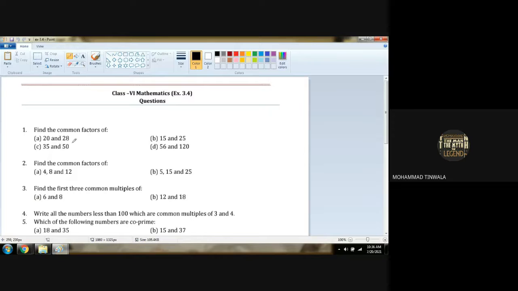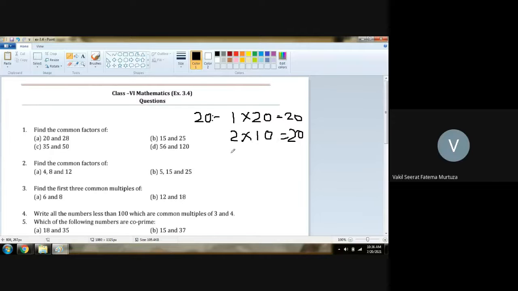Find the common factor of 20 and 28. So we have to find the factors of 20 first. What are the factors of 20? 1 twenty is 20, then 2 tens are 20, then 4 fives are 20.